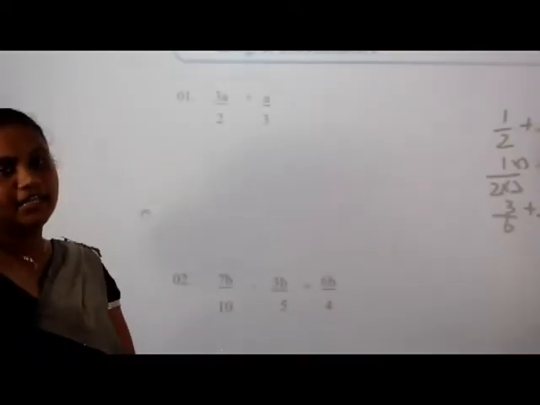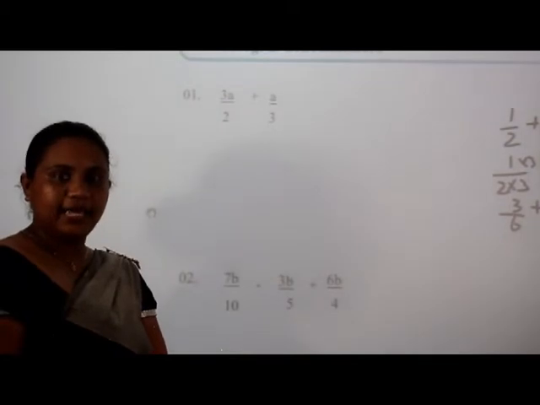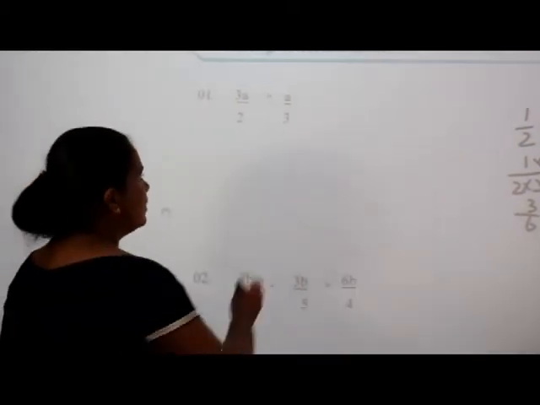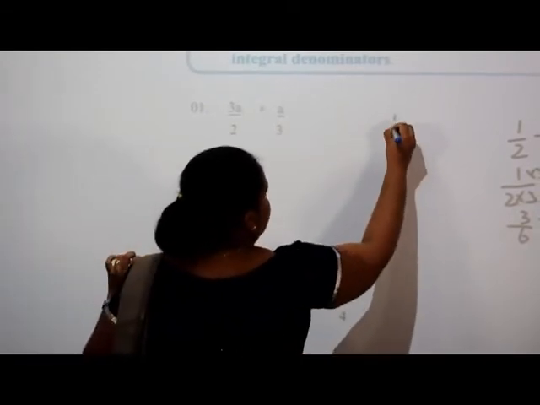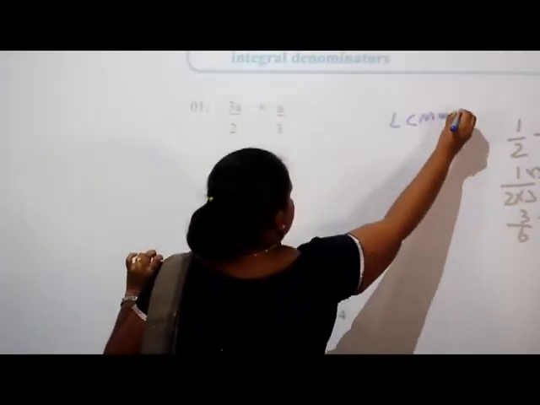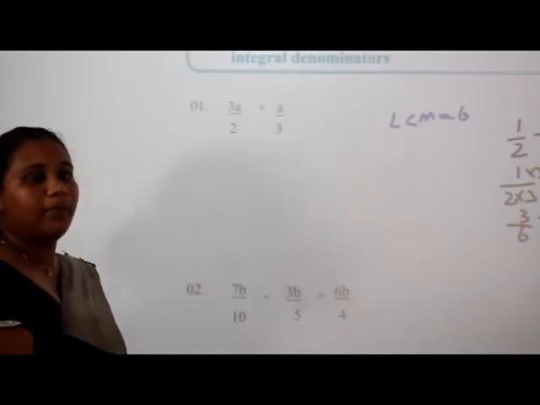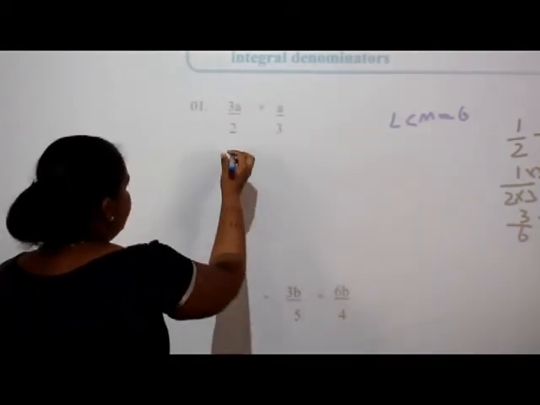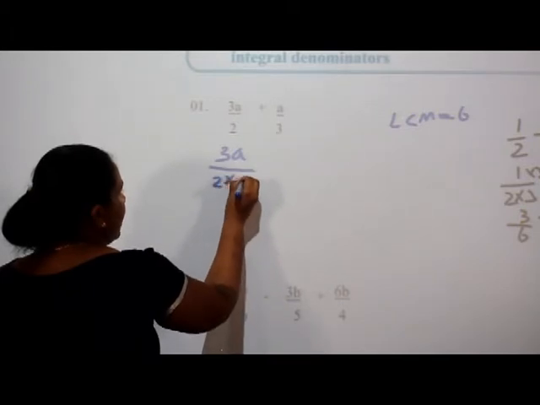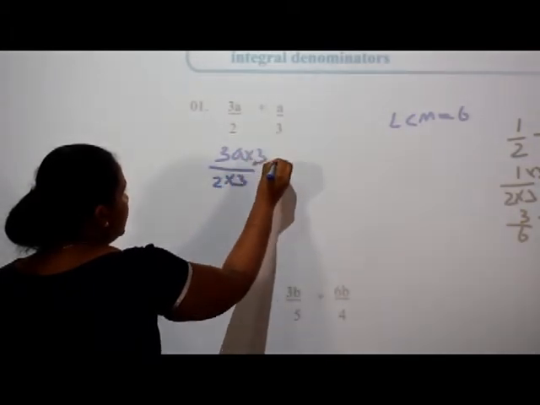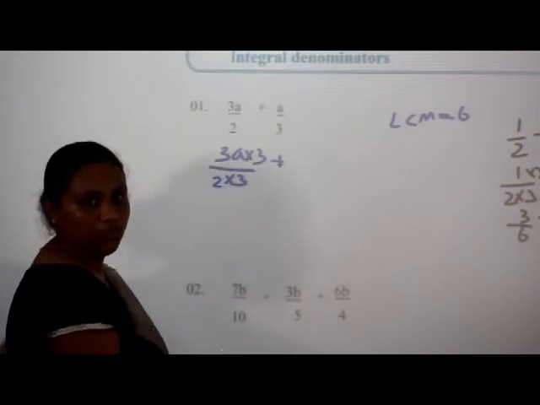Just easy. You have to follow the same method here. Here, the denominators are 2 and 3. So let's take the LCM. Here, the LCM is 6. That is the common denominator. Then, to convert into the common denominator 6, I will multiply both numerator and denominator in the first fraction by 3.